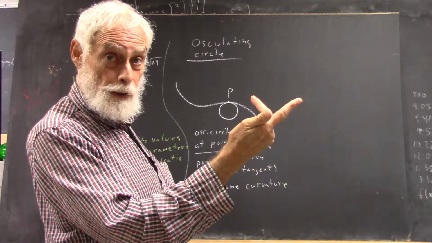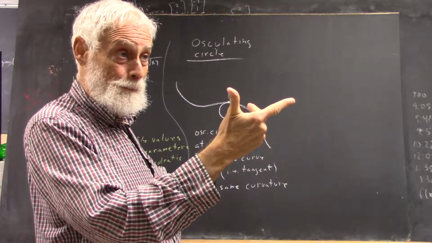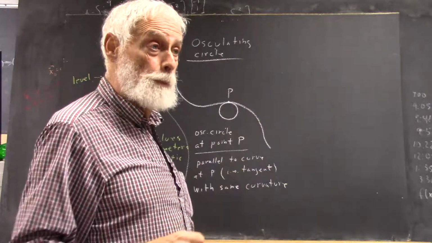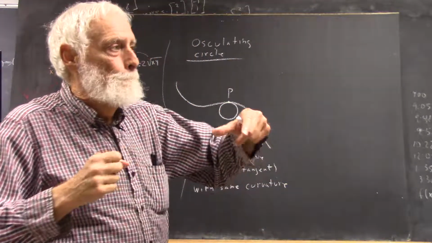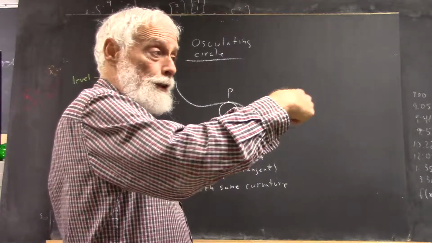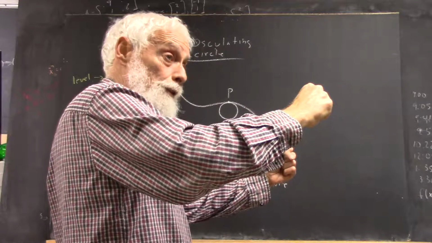Take their cross product and you get this thing called the binormal, which is perpendicular to the plane in which you're temporarily moving, not the airplane, but the plane. So if I'm moving in this direction, centripetal acceleration in this direction, then I'm temporarily in this plane, and that's the way it feels.